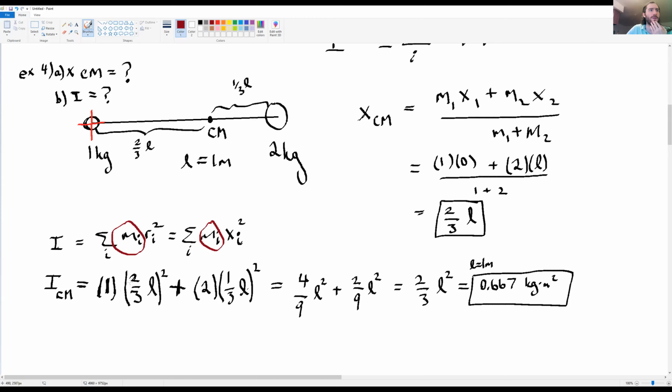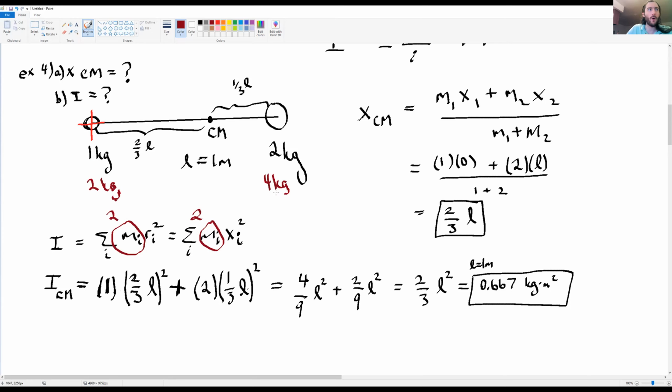If we double all of the masses, then we would just pick up a factor of 2 out in front. So if we doubled up the masses, if we made this one a 2 kilogram and this one a 4 kilogram, as long as we double both of them, the location of the center of mass doesn't change. If we double one of them, it would change.